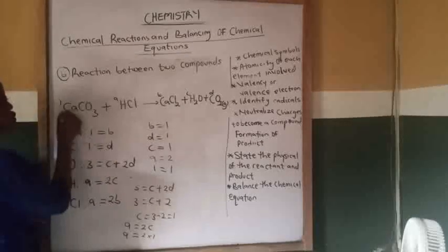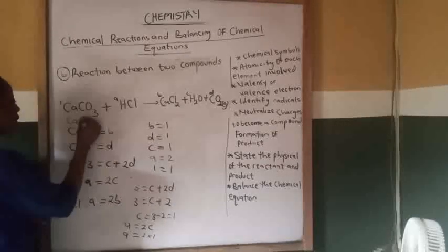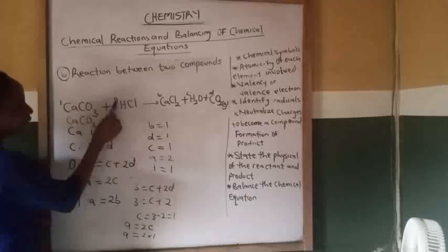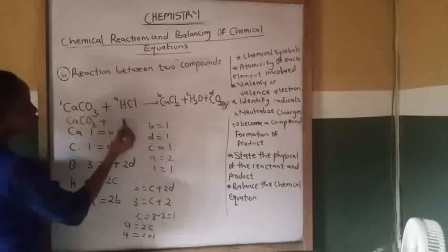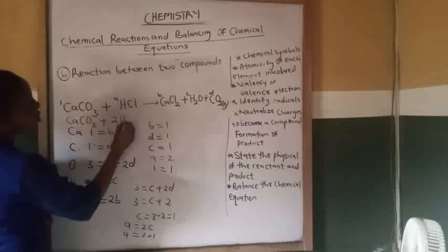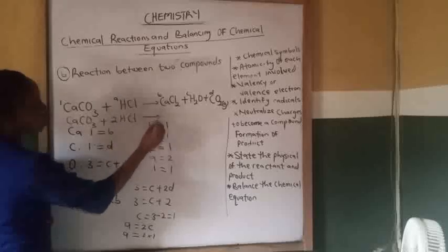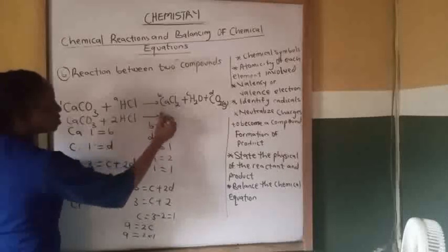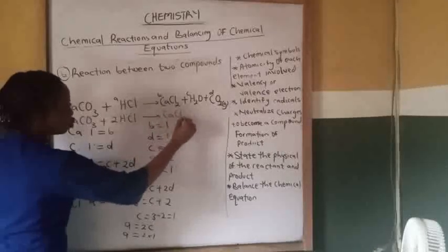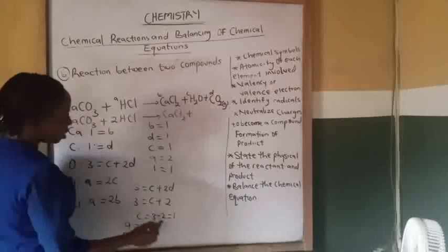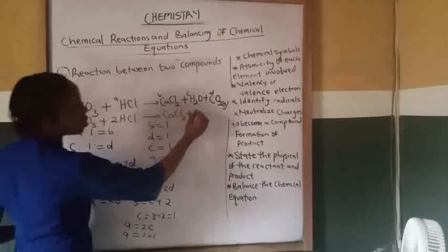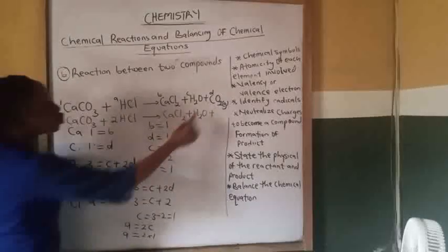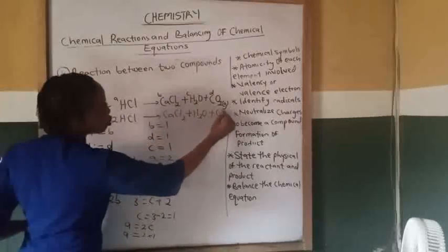This one will remain as CaCO3 plus my A is now 2, so that will be 2HCl equal to, my B remains 1, so 1 times CaCl gives me CaCl2, then plus, C is 1, so plus H2O, then plus my D is 1, that's CO2.